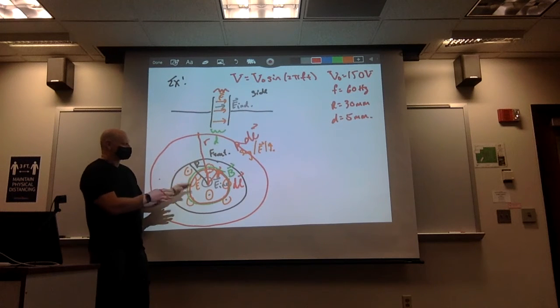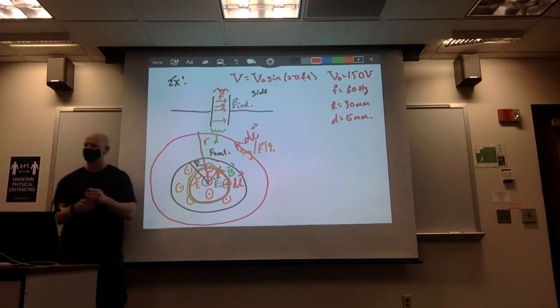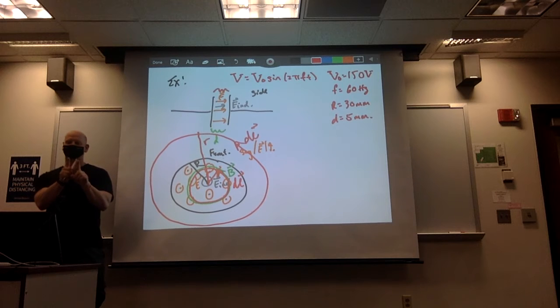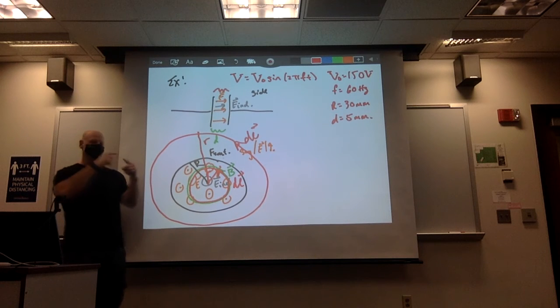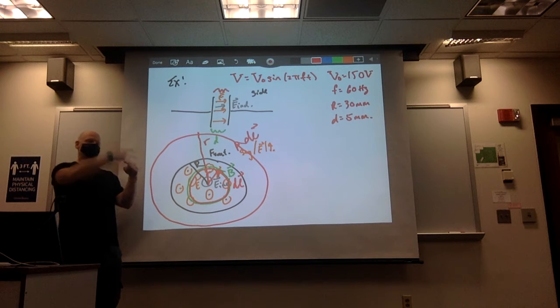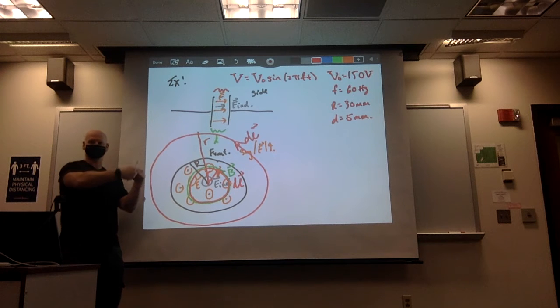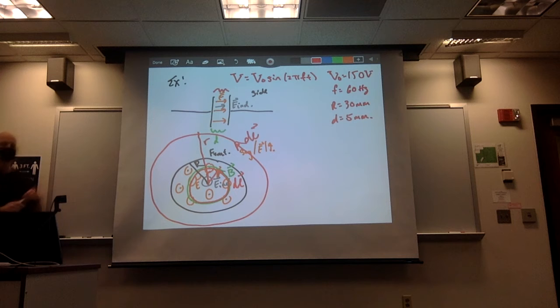Here I'm just drawing it so we know what it looks like. But what's actually happening here, since the potential is constantly oscillating back and forth, is that this is creating magnetic fields that at one point will go this way, and then go that way, and back again. So it'll be constantly changing back and forth. But since I'm only looking for the magnitude, I'm not worried too much about that. Is that okay?